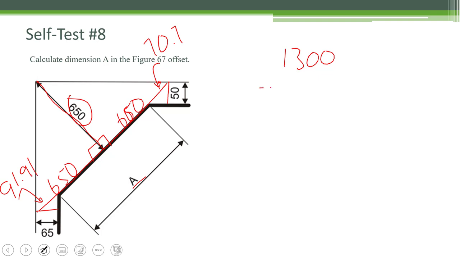So it'd be 1300 minus 70.7 minus 91.91. Okay, and I should get 1137.39. So again, it's millimeters, so I'll just go to the nearest millimeter, be 1137.